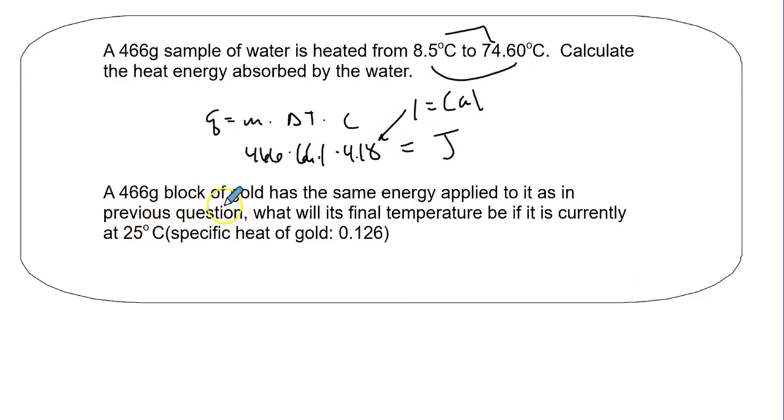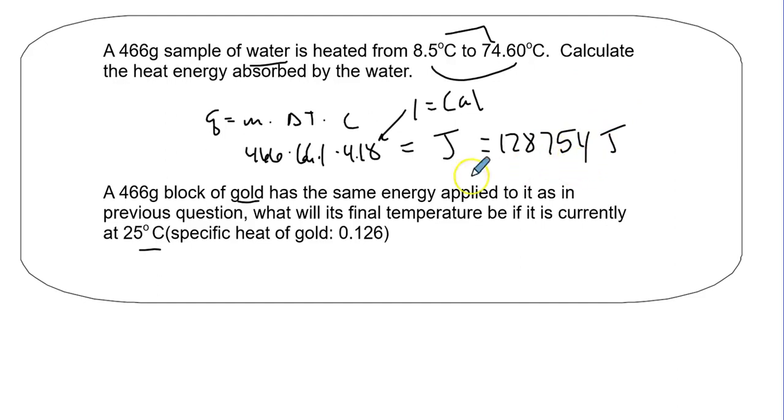A gold block. So water's here, gold is here. The same energy is applied to it as in the previous question. What would be its final temperature if it's currently at 25? So now, let's go ahead and calculate that energy because we'll need it. 66.1 times 466 times 4.18, and we get a pretty good sized number, 128,754 joules of energy.